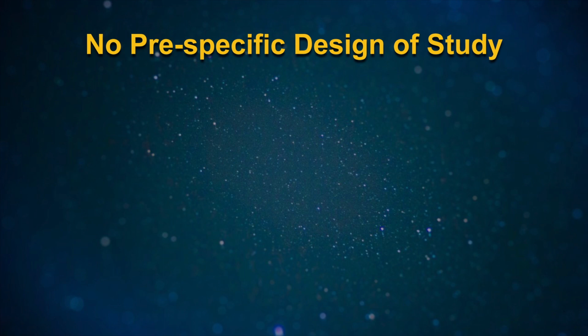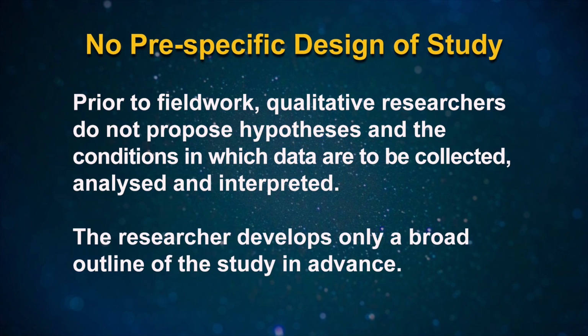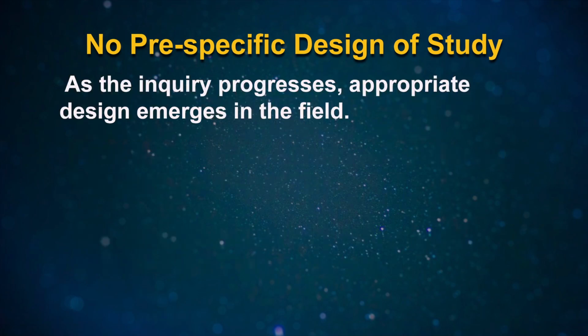Sixth characteristic, no pre-specific design of study. Prior to fieldwork, qualitative researchers do not propose hypotheses and the conditions in which data are to be collected, analyzed, and interpreted. The researchers develop only a broad outline of the study in advance. As the inquiry progresses, the appropriate design emerges in the field.